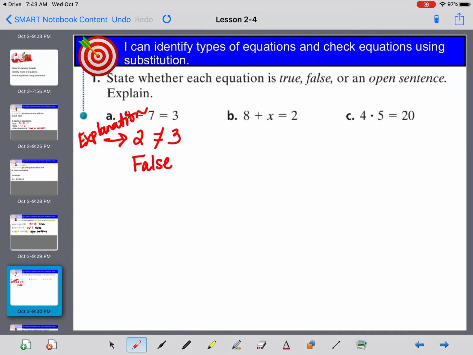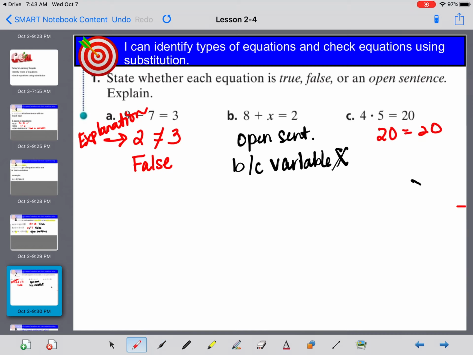The next one, I would say, is an open sentence. It's an open sentence because it has the variable x. The last one, I got 20 equals 20. That's true, and 20 equals 20 is enough for your explanation.